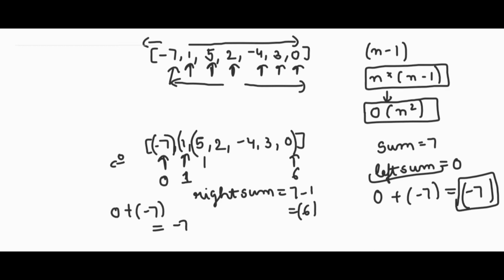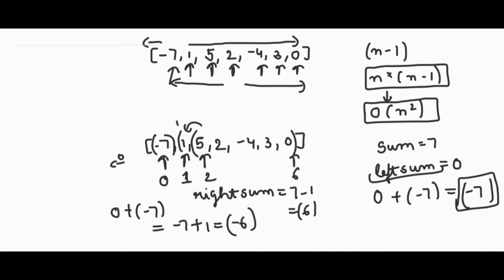To calculate the left sum for index 2, we just add the previous element to the already calculated left sum of index 1, which will make it minus 7 plus 1, which is equal to minus 6.